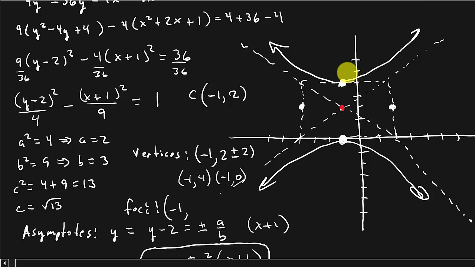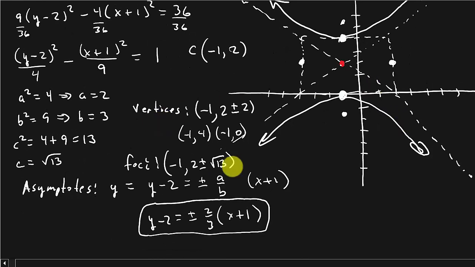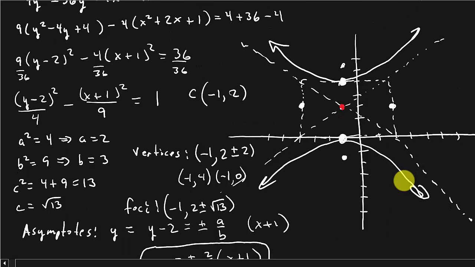Square root of 13, that's going to be about right in here. There's your foci. So that's going to be 2 plus or minus the square root of 13. So there's your center, your vertices, your foci, and your asymptotes, and there's the sketch of your graph.